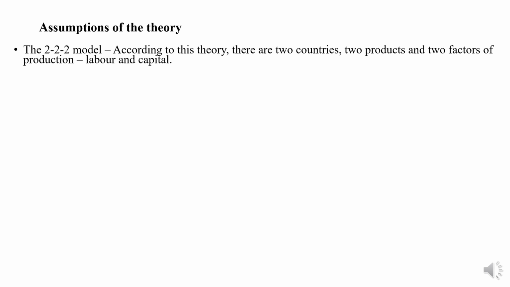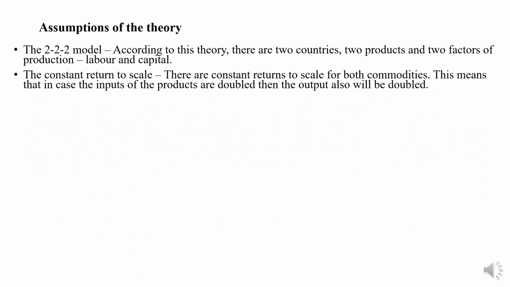As we already discussed in the previous classes, the absolute theory and the modern Ricardian theory are models about 2-2-1, where there are two countries, two products and one factor, which is labor. But in this theory, this model is 2-2-2, which is two countries, two products and two factors of production, which are labor and capital.